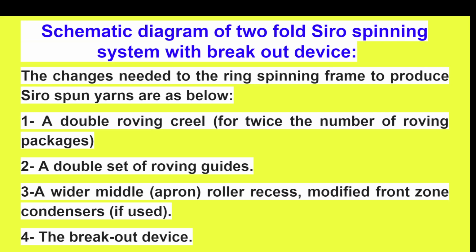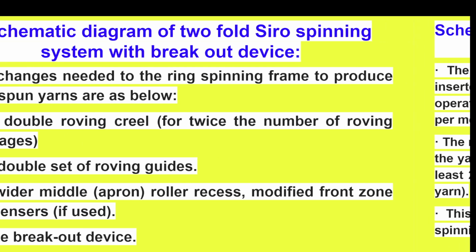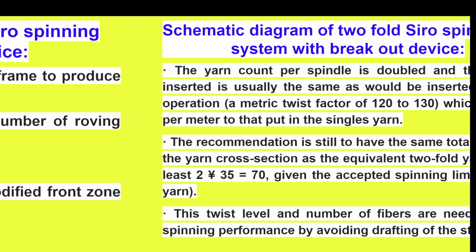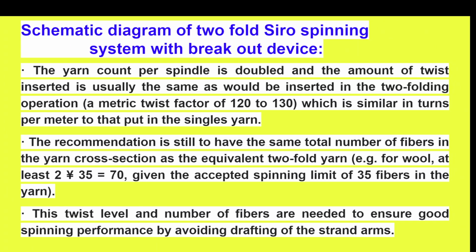The front zone is modified and condensers are mounted. The breakout device is the next part of our Siro spinning system. The yarn count per spindle is doubled.